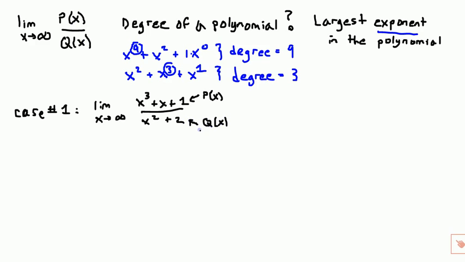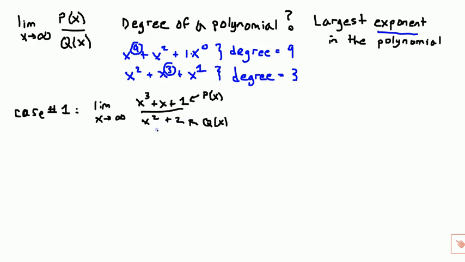So what can we notice about p of x and q of x? What about their degrees? What's the degree of p of x? We look for the largest exponent in the polynomial. That's 3. What's the degree of q of x? We look at the largest exponent of q of x. Since this is 2 times x to the 0, it's between 0 and 2. 2 is obviously bigger.